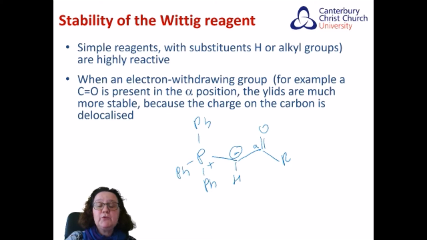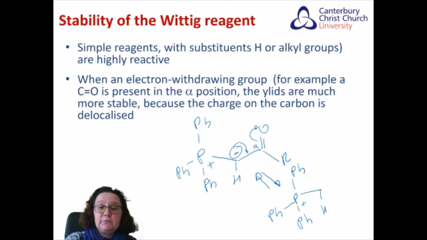Well, you have the possibility of a resonance form, which would be the formation of a double bond between these two carbons and the oxygen sustaining that negative charge. So that gives you the possibility of stabilizing that carbanion, and the resulting Wittig reagent, the resulting ylide, is much more stable than if you did not have that carbonyl group in the alpha carbon.